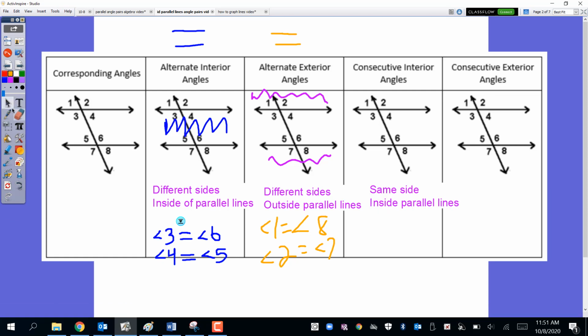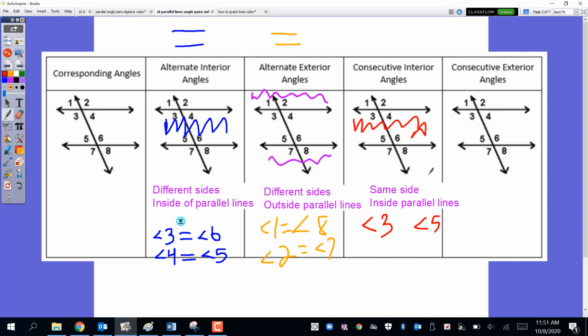So we're on the inside again, that's 3, 4, 5, 6, but now they're supposed to be on the same side of the transversal. If we're talking about angle 3, what's on the same side but still on the inside of the parallel lines is going to be angle 5.